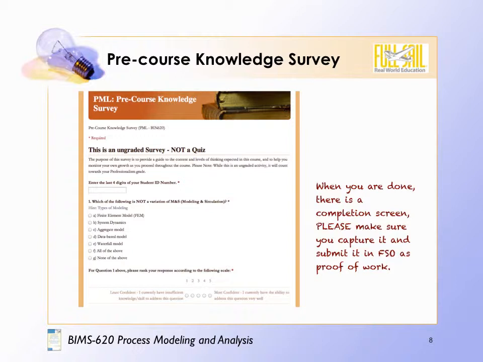It's not graded, and you would have a scale from 1 to 5, 5 being most confident, and you would tell us how confident you feel about the question. When you are done, all the way at the bottom, you save, or all the way at the top, depending on your system, make sure you capture a completion screen, and you will submit that in FSO.